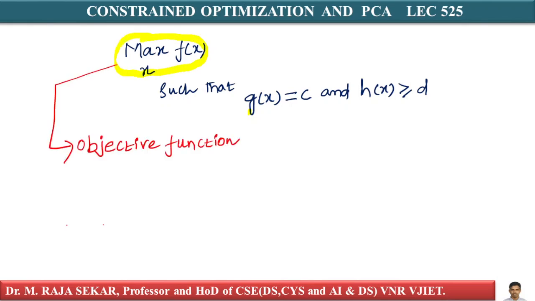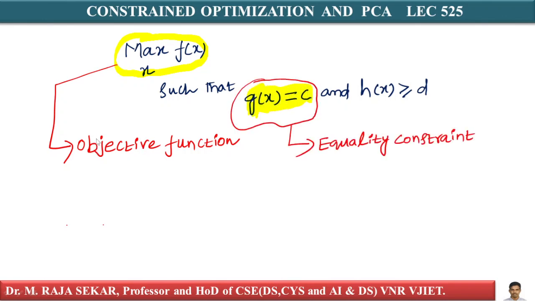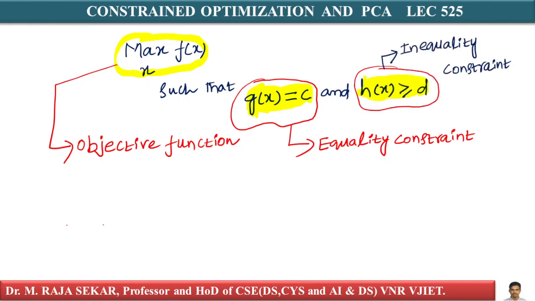Maximization of f of x is called the objective function. This g of x equal to c is called an equality constraint, because you have an equal sign here. Then h of x greater than or equal to d is called an inequality constraint.